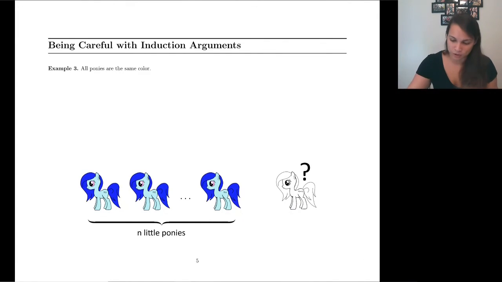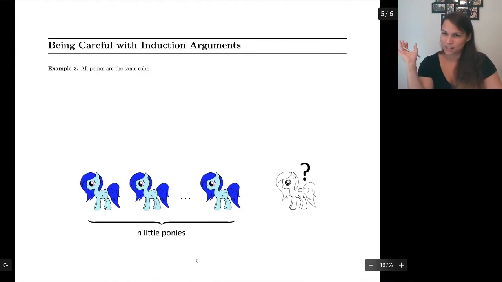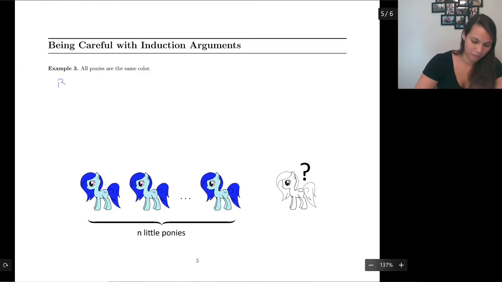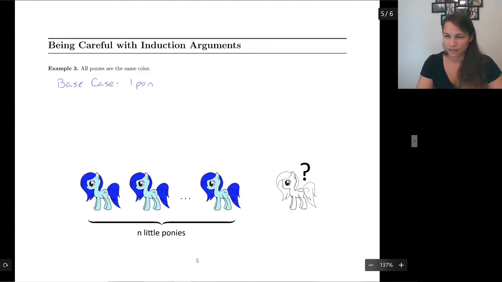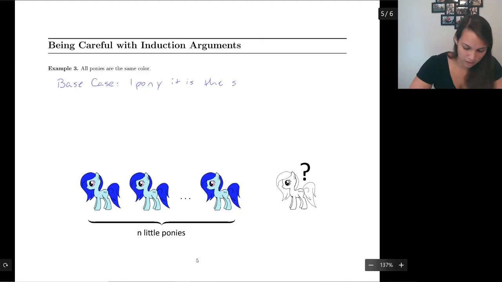Okay, I am going to prove that all ponies are the same color. Base case. We've got 1 pony, right? Because you can't have -1 ponies or 0 ponies. If we've got 1 pony, it is the same color as itself.